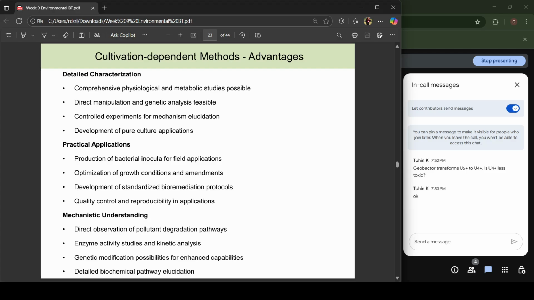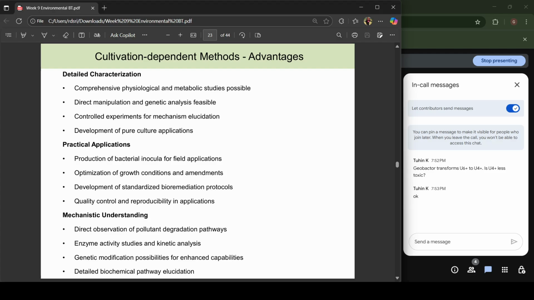So in that case, what are the transformations of the pollutant that is studied in pollution degradation pathways? Whereas in the biochemical pathway elucidation, like we have biochemical pathways like glycolysis and Krebs cycle, biochemically, what enzymes are used, how step by step the pollutant is converted into a final product, what is the electron transfer or the redox reactions that is happening inside the particular organism, and how it is associated with the other metabolic pathways in the same organism.